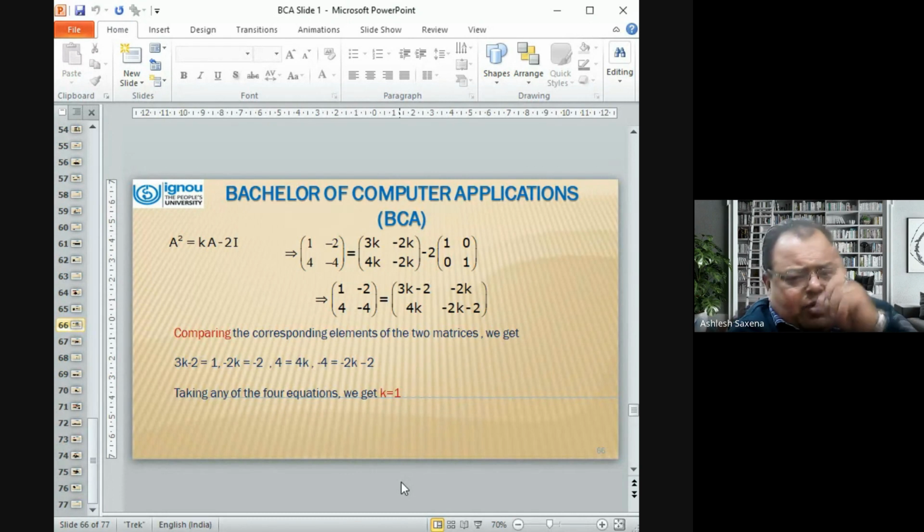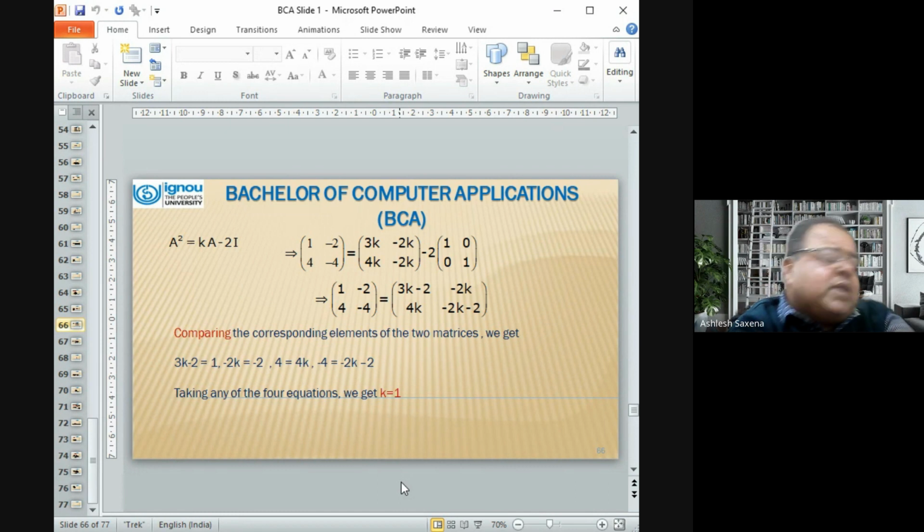The thing is that if two matrices are of the same order and the equal sign is there, then theoretically every element in the two matrices will be equal. In this particular solution, I have taken the first element. It is 1 equal to 3k minus 2.